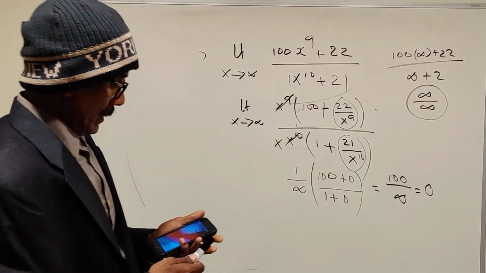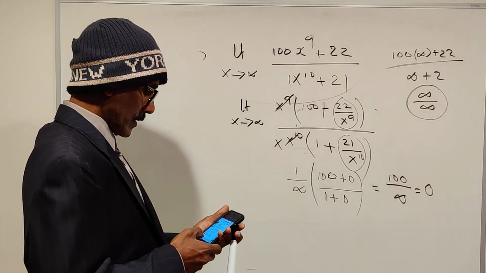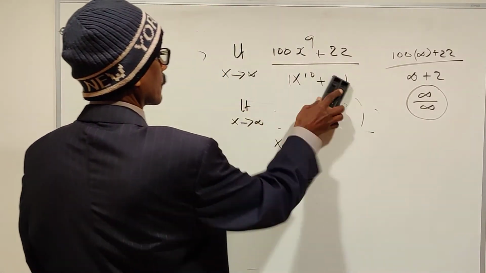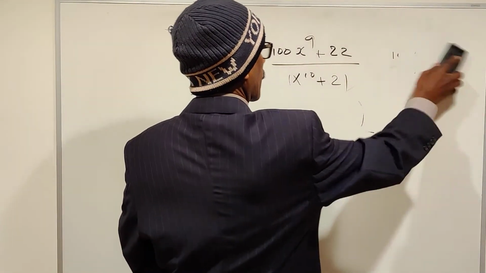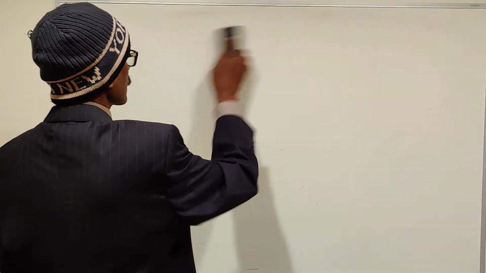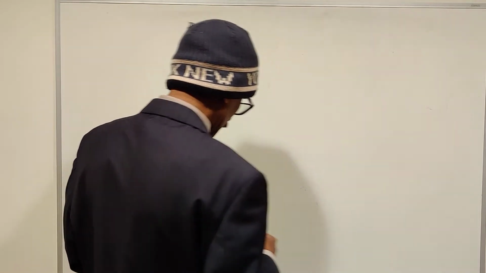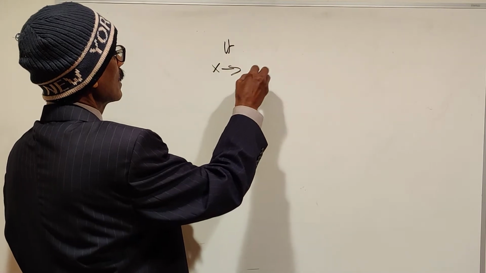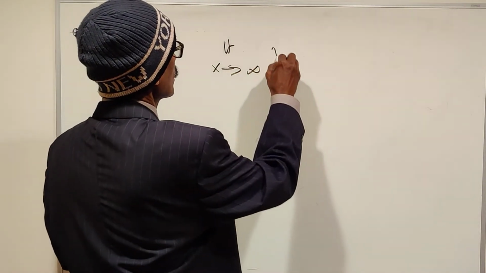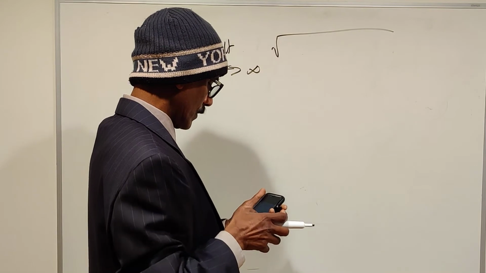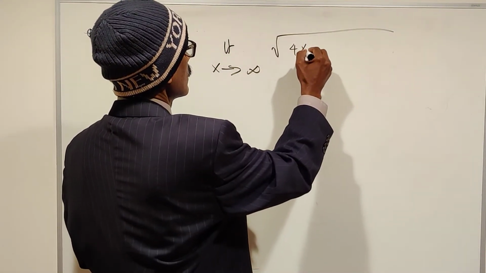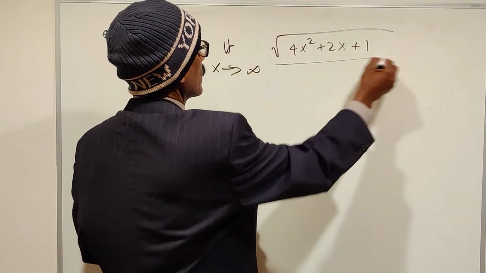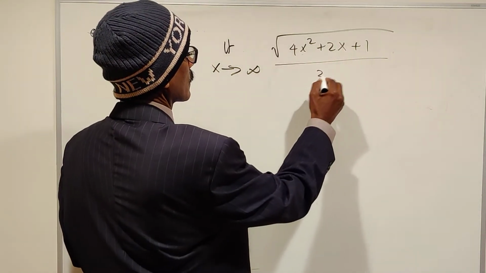Okay. The third one. Limit x tends to infinity, square root of (4x square plus 2x plus 1) divided by 3x.